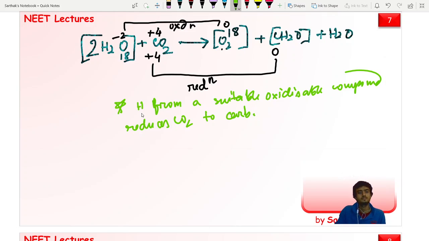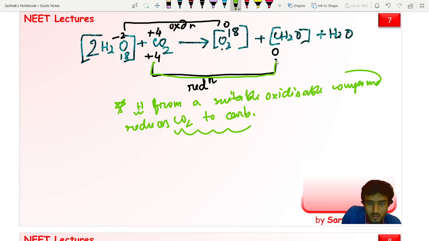Okay, so see what is the reaction. Reduces CO2 to carbohydrate. Look, CO2, the carbon is going through reduction here. So this statement is verified: CO2 is reduced to carbohydrate.